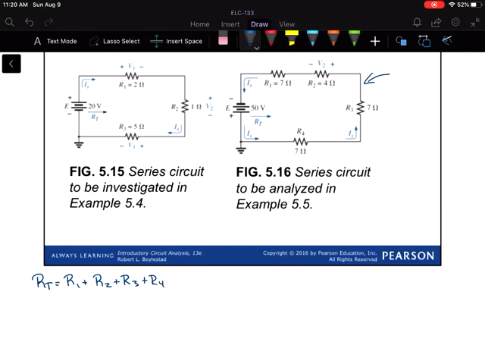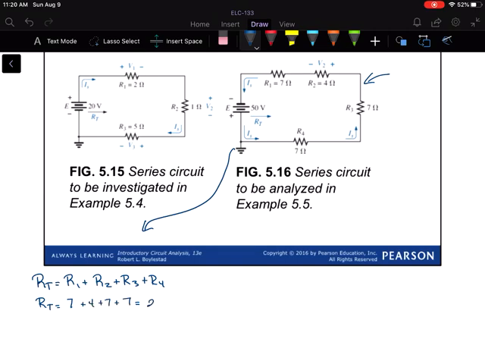So I'm going to find that first, because finding the total resistance will help me find the source current coming from that source. So RT for this circuit would be the 7 ohms plus 4 plus 7 plus 7, or 25 ohms.